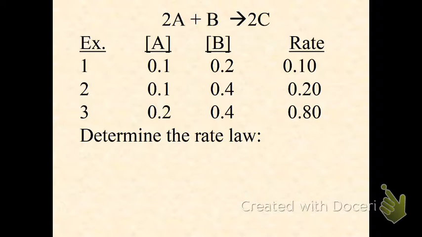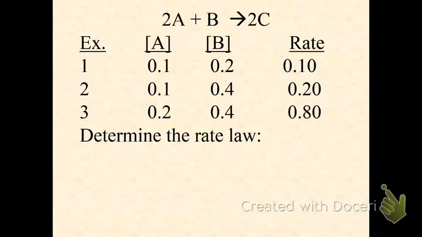That way you can check for one and then do the same thing for the other one. So in this case, we're going to try to see what order A is. Okay? If I look at A and I see that in experiments 2 and 3, A is doubled but B is held constant, we're going to make our life easier and put the bigger number on top. It doesn't matter, but we'll do rate of experiment 3 over experiment 2.